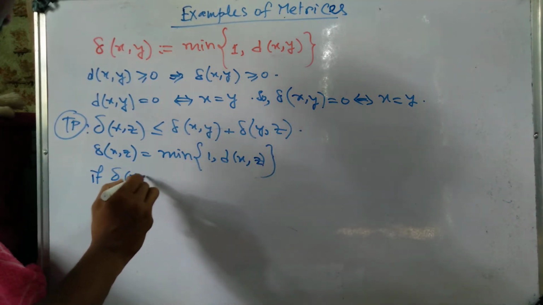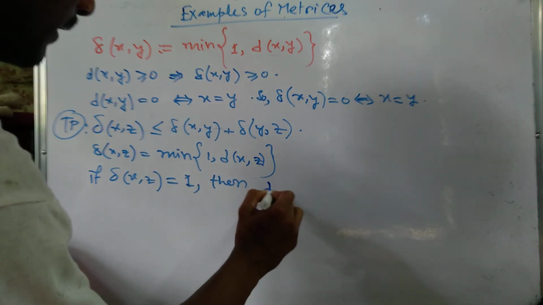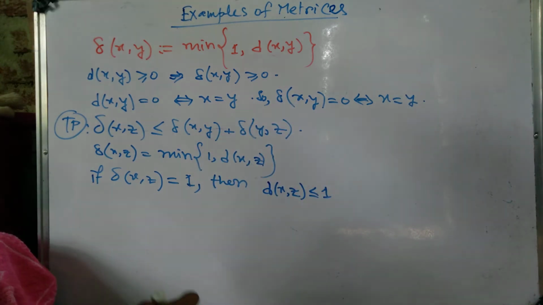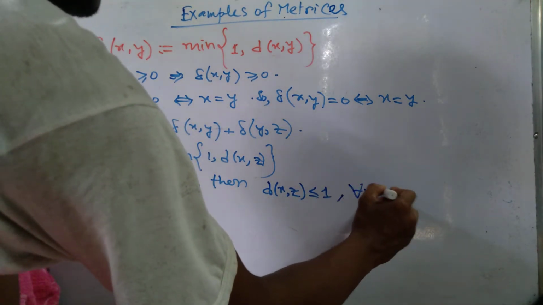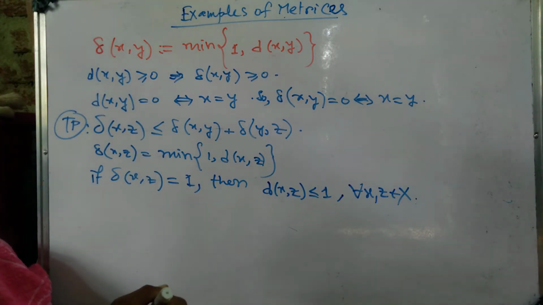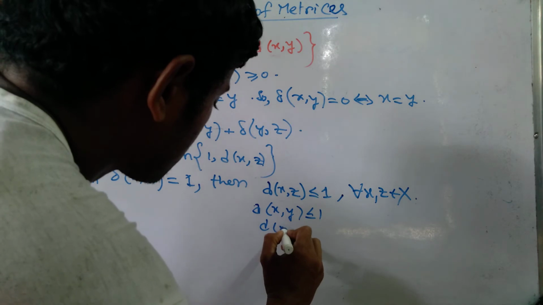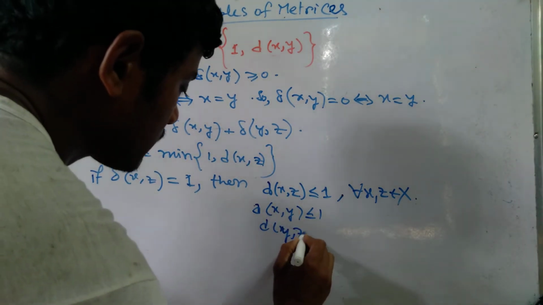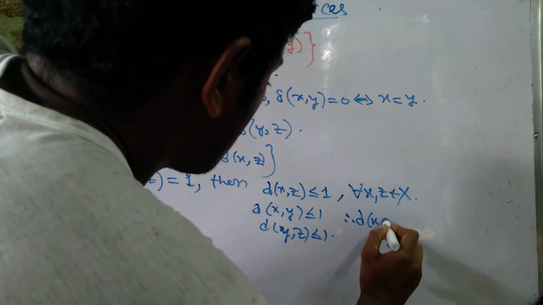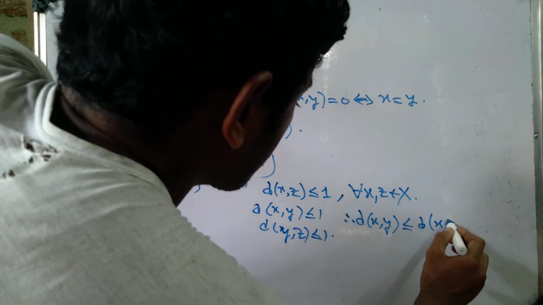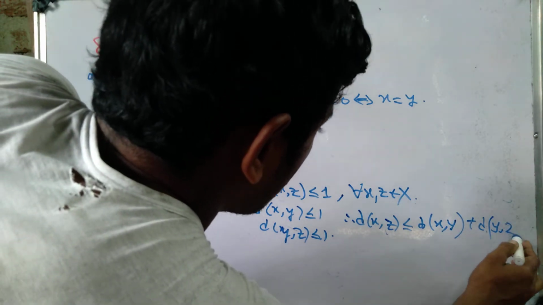If delta xz equal to 1, then dxz is greater than or equal to 1, and so for all x, z belonging to X. Now we see that delta xy is less than or equal to 1 and delta yz is less than or equal to 1, and also the triangle inequality holds. Also dxz is less than or equal to dxy plus dyz holds.